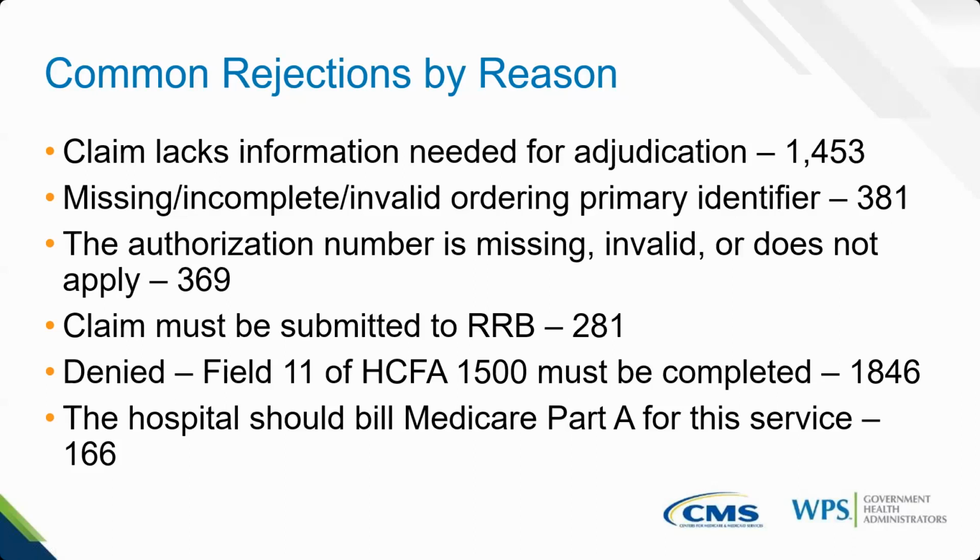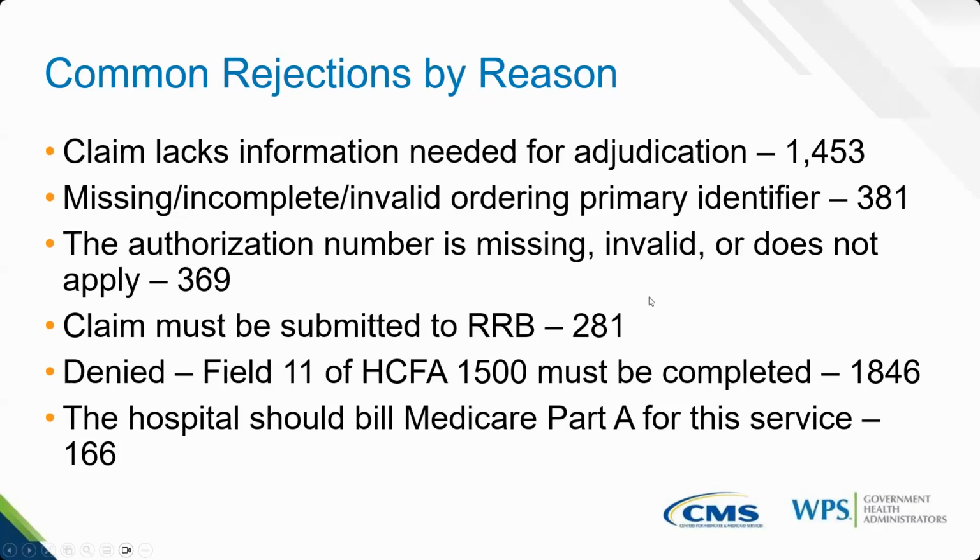The authorization number is missing, invalid, or does not apply. So that means that for the service that was billed, you need to look at the claim, or the remittance advice, to see what service was billed. And for that particular item or service, there is the expectation that an authorization number would need to be entered on the claim.